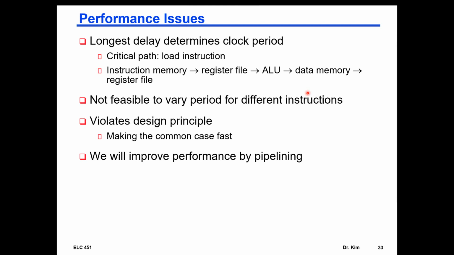But a better approach is what is called pipelining, which basically you are getting the best of both worlds. Your control still looks combinational, as if it was a single cycle, but you're still breaking the data path in chunks or micro stages, which are called pipeline stages.